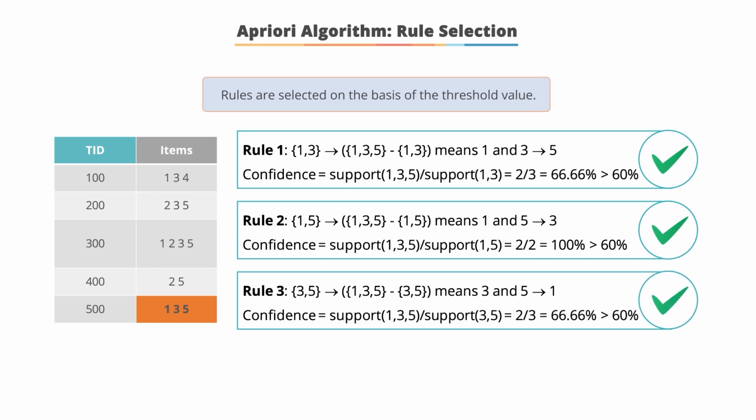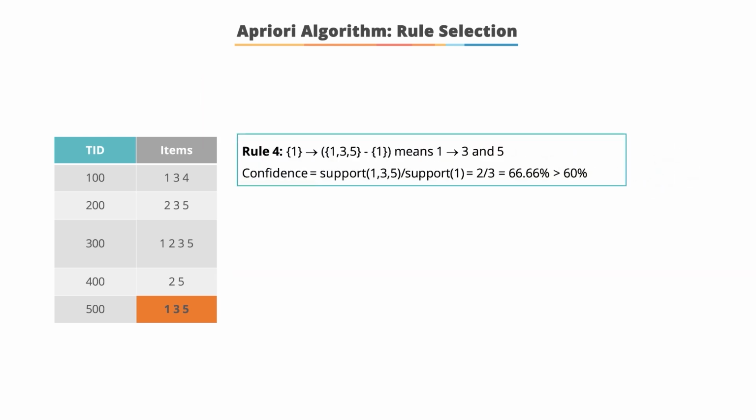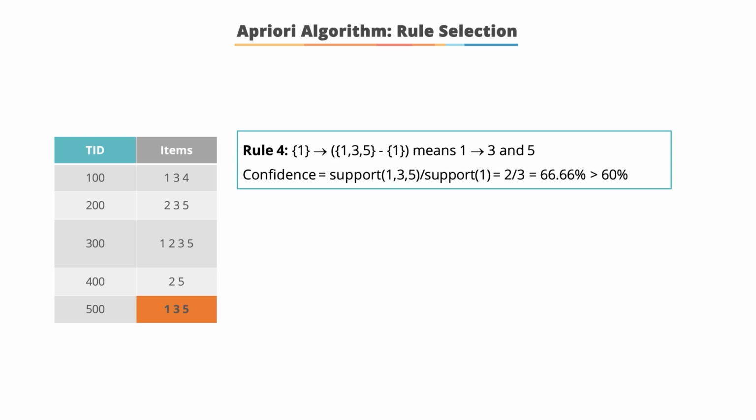Explain specifically why each and every rule is selected and rejected. Rule 4: {1} → {1, 3, 5} minus {1}, which means 1 → 3 and 5. Confidence equals support(1, 3, 5) over support(1) equals 2/3 equals 66.66%, which is greater than 60%.